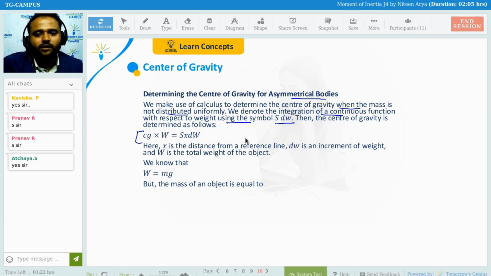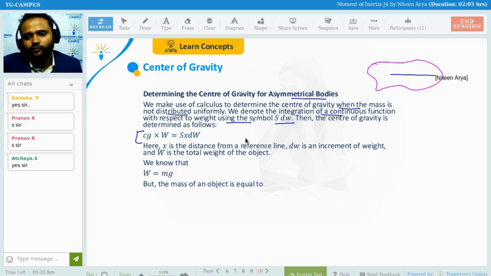Obviously, if any particular unsymmetric body looks something like this, I can pick any particular point. Suppose in this x-axis I want to find, and I pick this particular small part, dW, where dW is the small weight of this whole body. Here x is the distance from a reference line. Suppose I pick this particular reference line also.